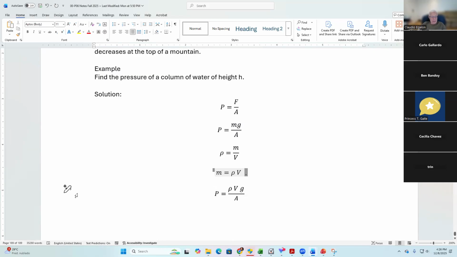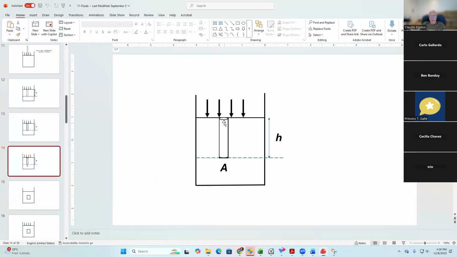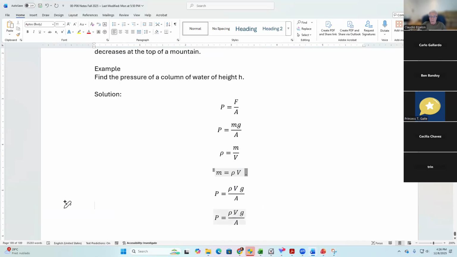But then there is one more thing that we can do. This volume can be written down in terms of, going back to the drawing, let's take a look here at the drawing. This is a cylinder, right? The volume of the cylinder is going to be equal to this area here that we do not know what it is, times the H, the depth, which we do know.